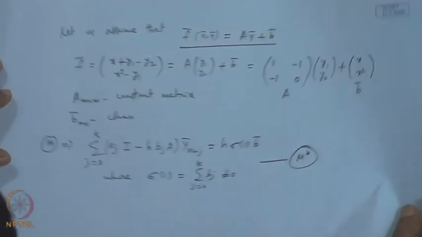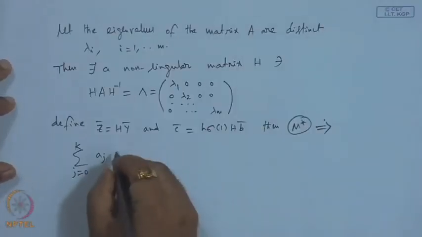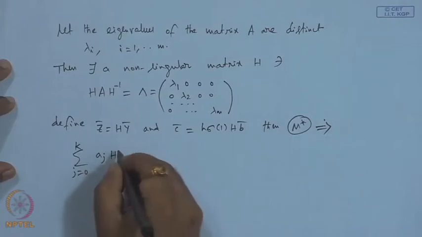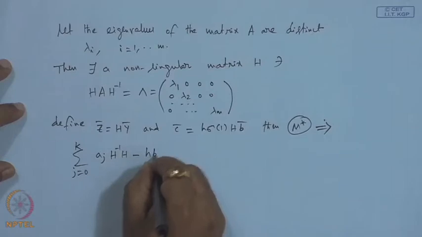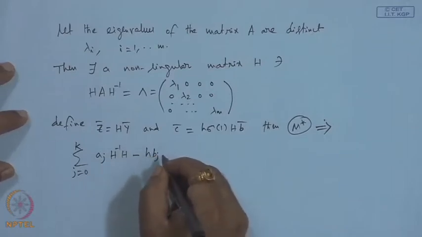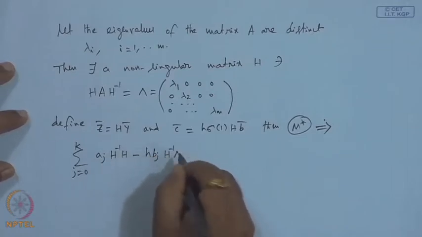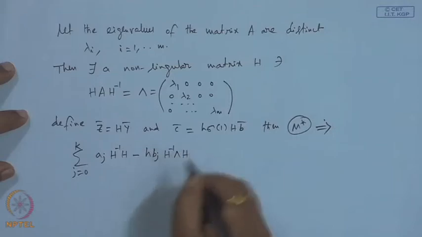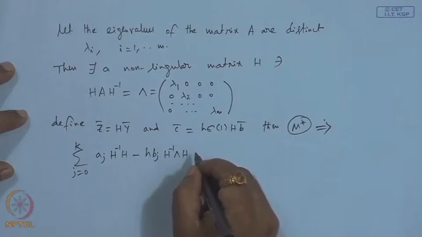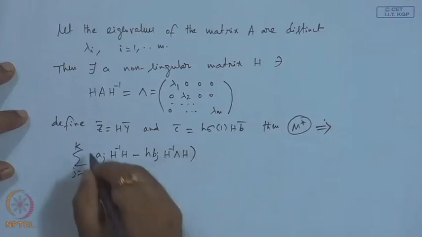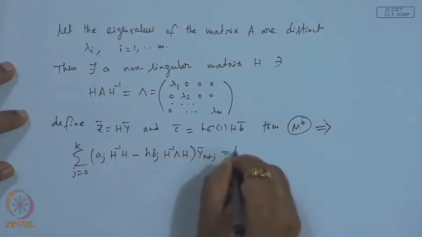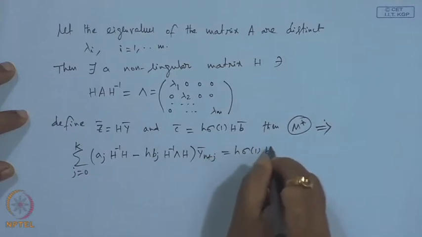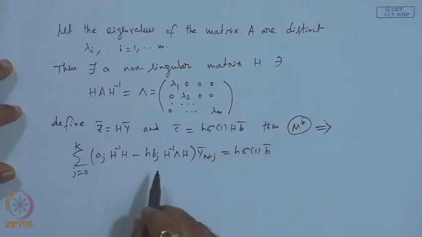So, this one can write H inverse H. So, I would like to write minus H b j, and A is, okay. Okay.